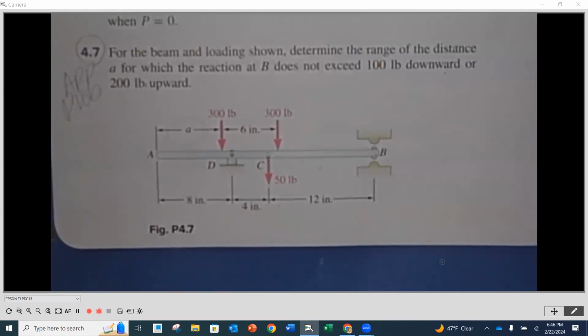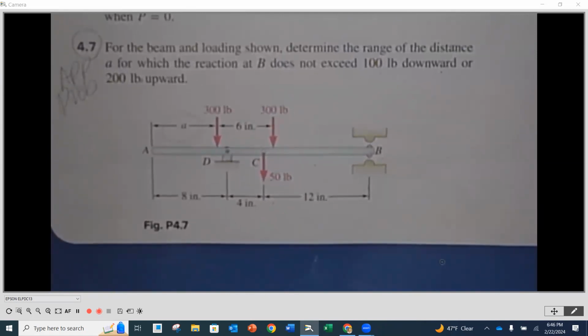So I'm literally doing the exact same thing that I did last time, except B now is going up with 200 pounds. But everything else is the same.